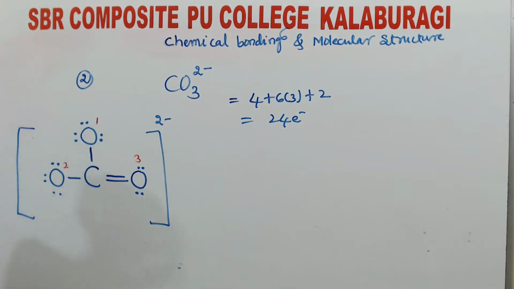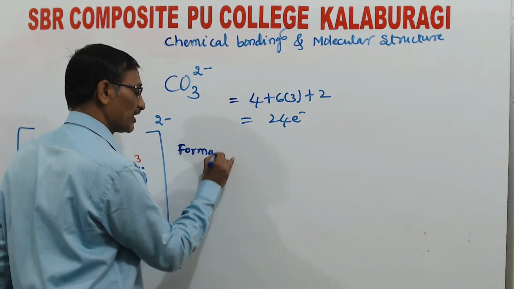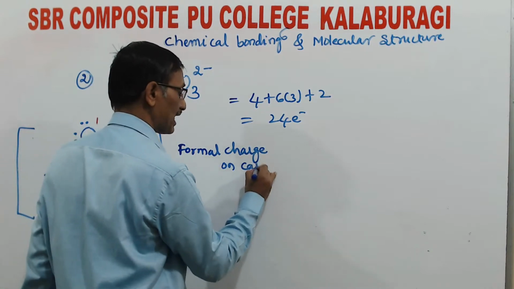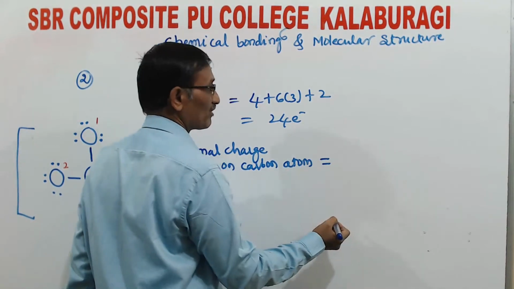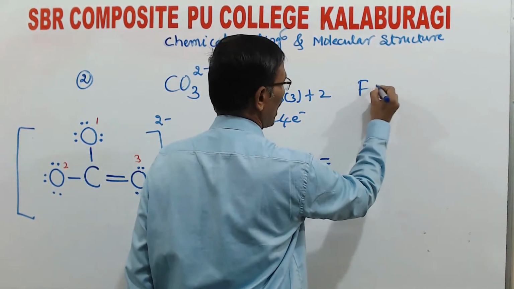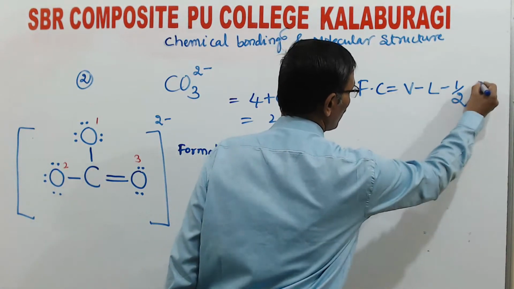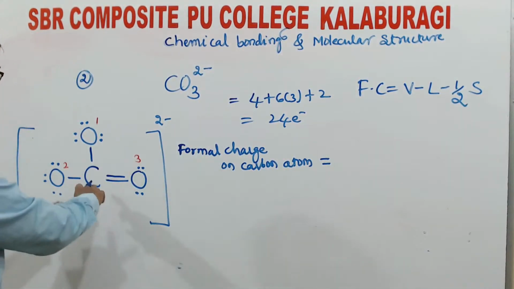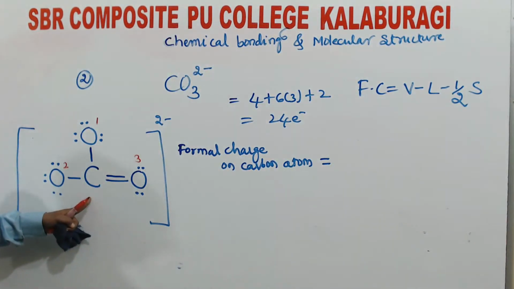Now first I will find out the formal charge on carbon. Only one time I will read the formula, you have to recall. Formal charge on carbon atom, no numbering, only one. The formula: formal charge equals V minus L minus 1 by 2 into S, student. V stands for valence shell electrons.